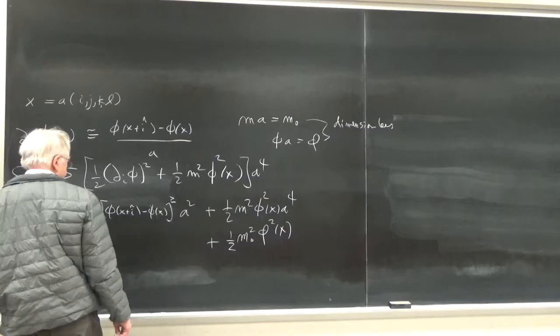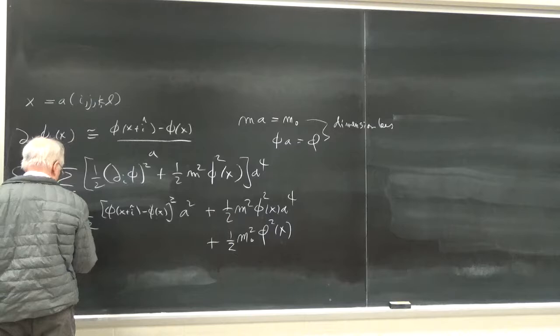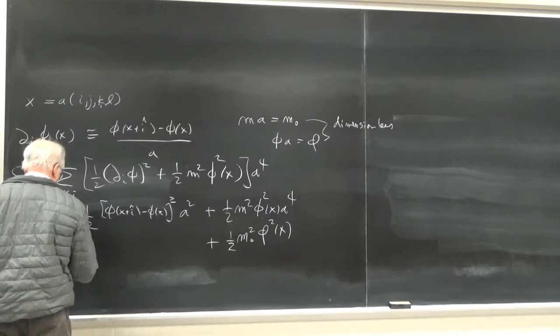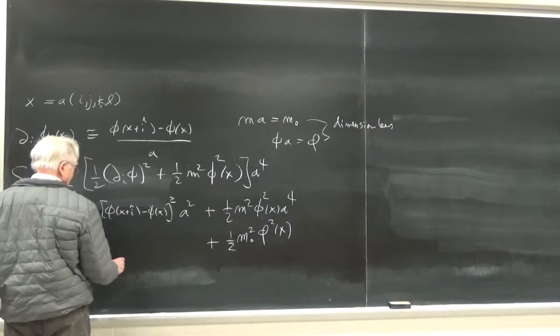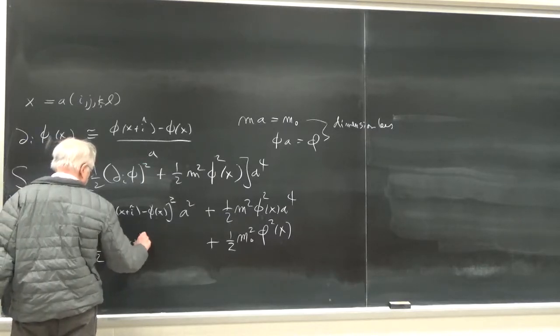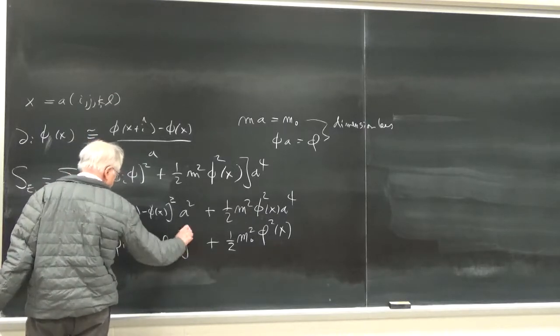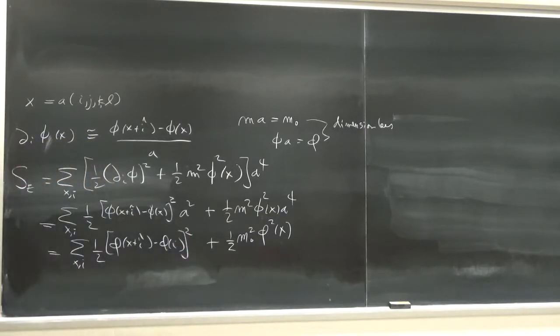So now I've written this as something that is purely dimensionless on the right, and moreover, multiplying through by a squared, what we have here is the sum over x and i of 1/2 phi of x plus i minus phi of x. So now in terms of dimensionless variables, the action looks like that. And a has, in fact, disappeared.